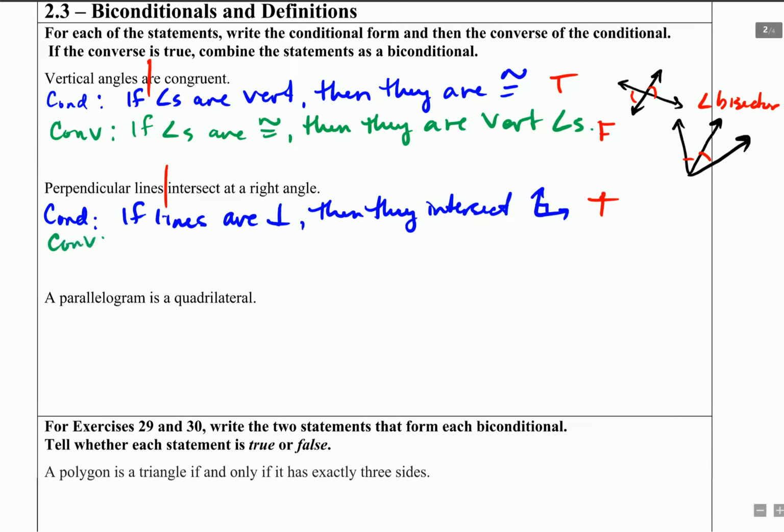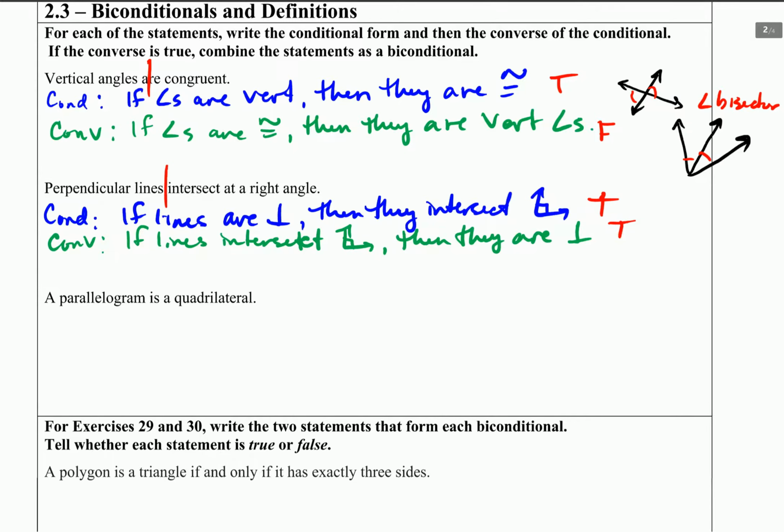Converse, switch it around. If lines intersect at a right angle, then they are perpendicular. Is that true? Yes, if we have two lines and we draw a right angle there, then we call them perpendicular, so that's true. So now we can write both our conditional and our converse are true, so we can write a biconditional.